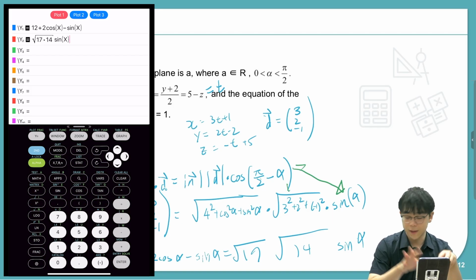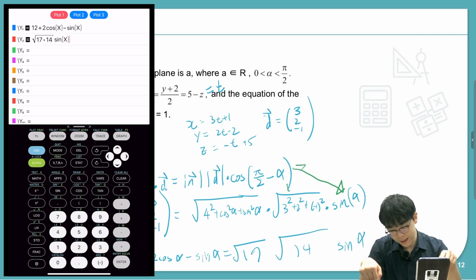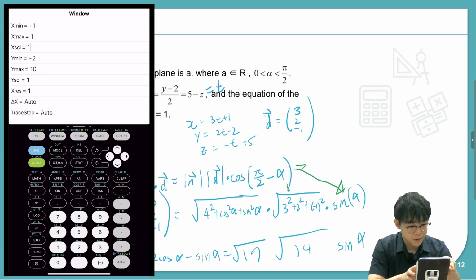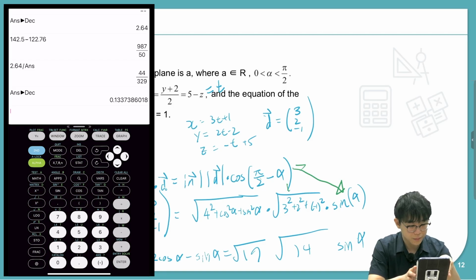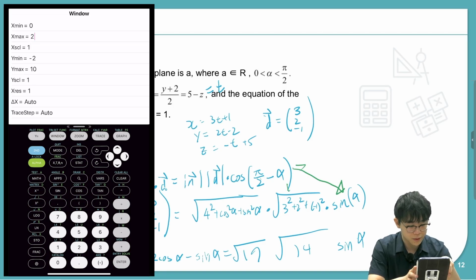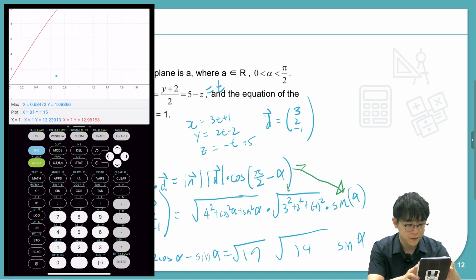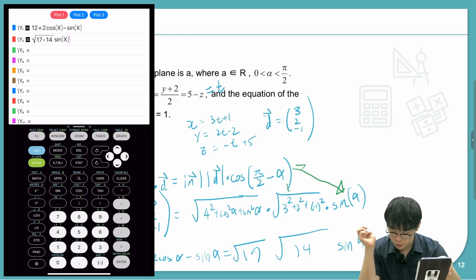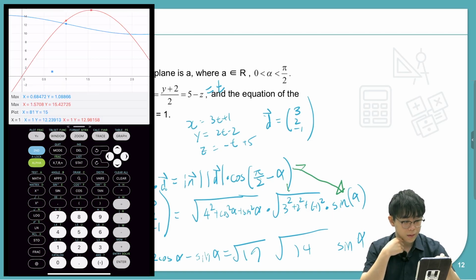So these two should be intersecting, and alpha is between 0 and pi over 2, so I just want to make sure that I'm looking in the correct place. Alpha would not be greater than 2, because pi over 2 is about 1.5. I'm working with radians. So I should be able to look for the intersection.